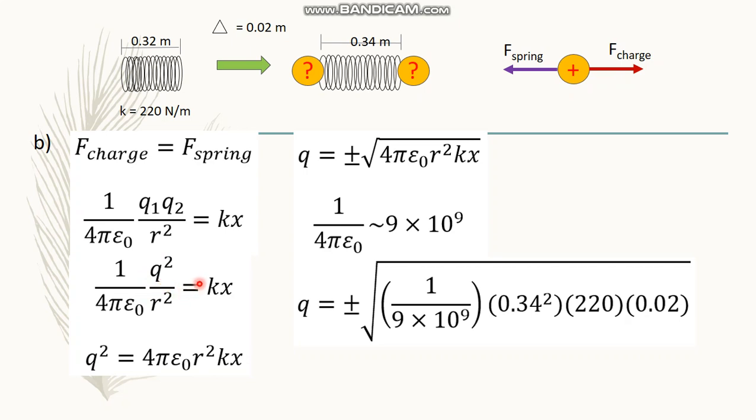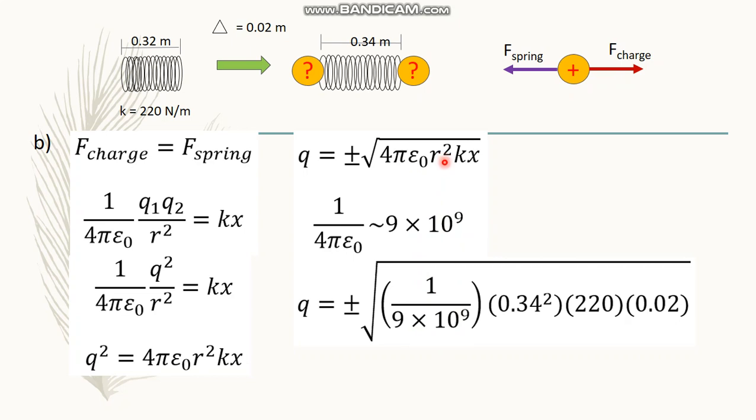equal to kx. If we solve for Q, rearranging this equation, we have Q squared equal to 4 pi epsilon naught r squared kx. Taking the square root on both sides, Q is equal to plus or minus the square root of 4 pi epsilon naught r squared kx. Now the next step is to substitute all the values. We know that 1 over 4 pi epsilon naught is approximately 9 times 10 to the 9. Thus, 4 pi epsilon naught is 1 over 9 times 10 to the 9.